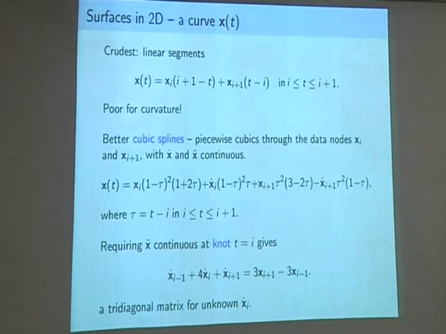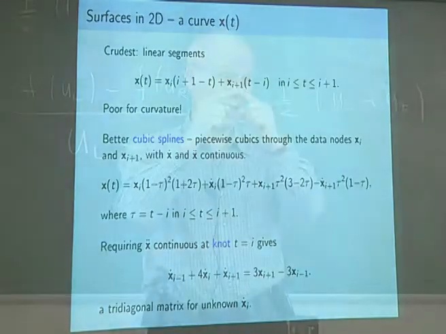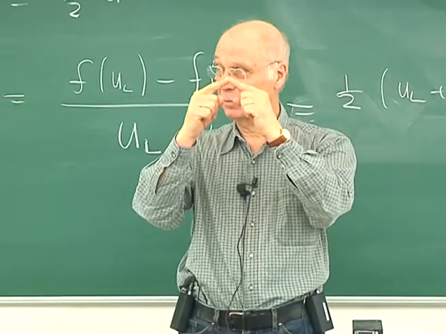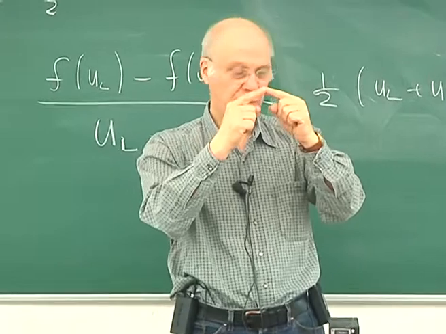Okay, so that's very simple. The big problem is if you wanted to know the curvature when you've got straight line segments, all the curvature is concentrated in a delta function at the jump in slope at the points, which is not too healthy.